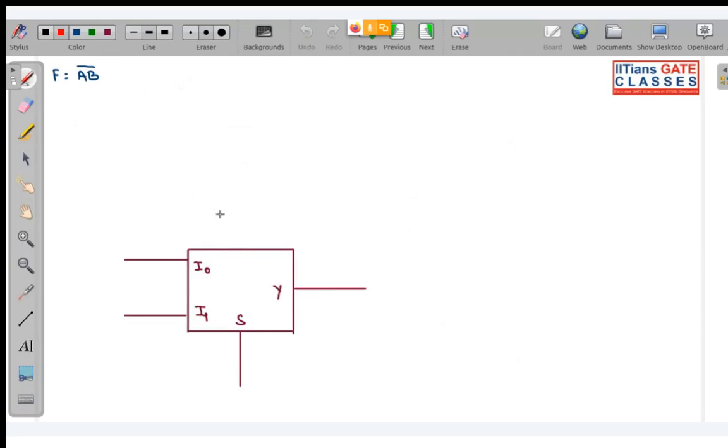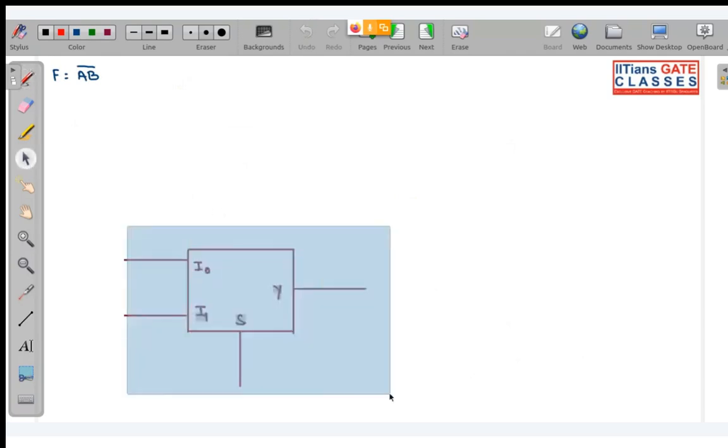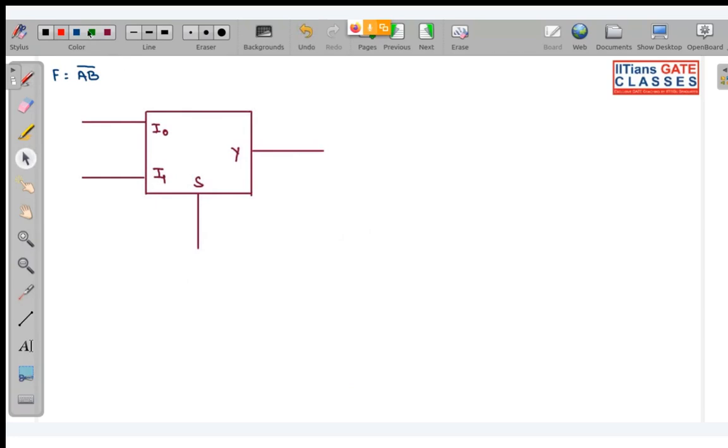Now we want to construct the NAND operation. So very quickly tell me. Okay, so we have this. So what should we take?